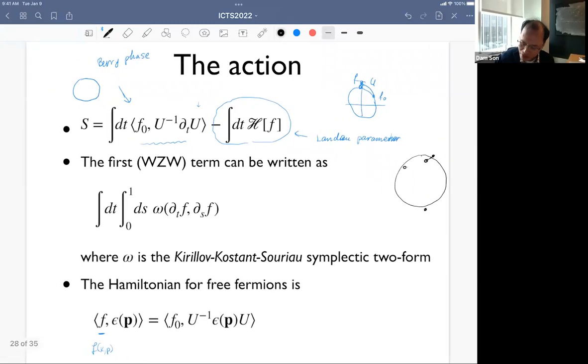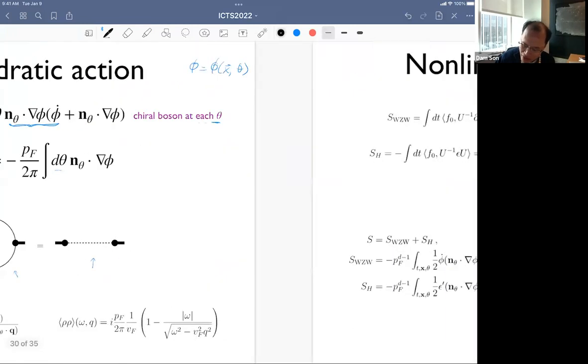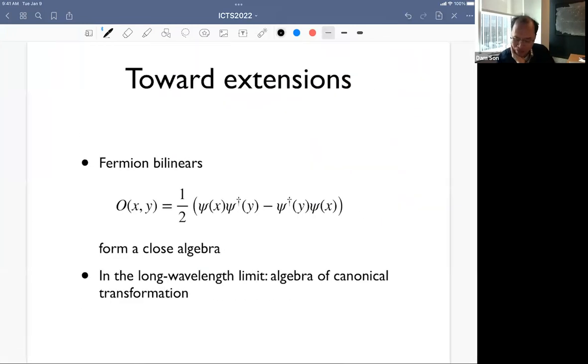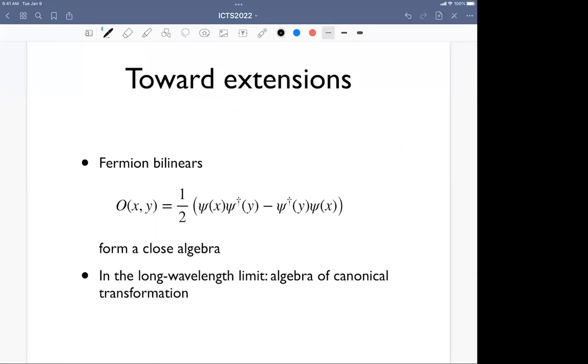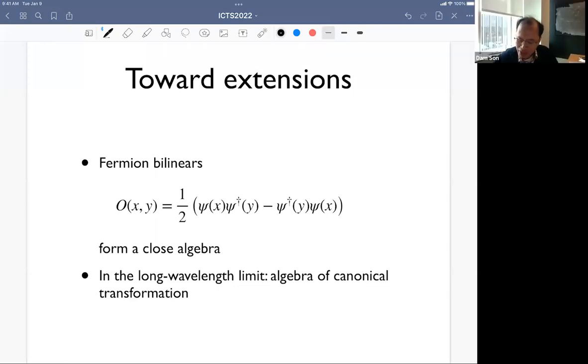In principle, yeah. Maybe I should mention that now. One can think about this algebra in the same way as what was done by Spenta and collaborators in 1991. Instead of thinking about the canonical transformation, maybe the more general way to think about our approach is to think of an algebra formed by fermion bilinears, like this operator written here.